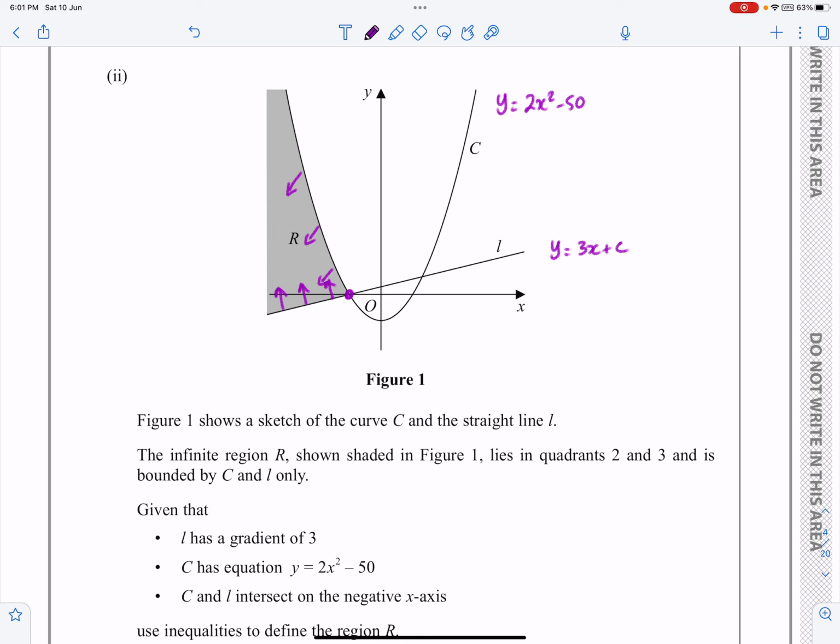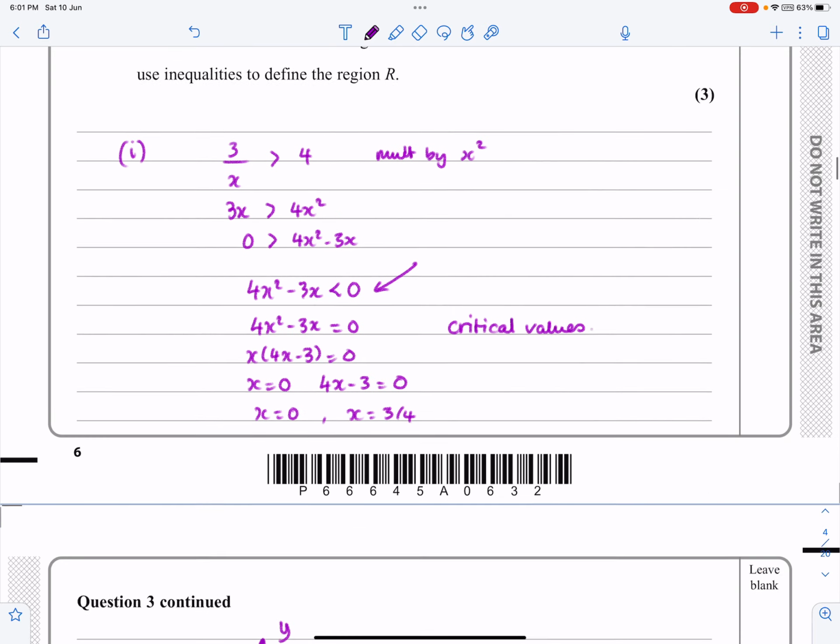But also, really importantly, it's going to be x less than that value, and I need to know what that value is. So that's the first thing I'm going to do, because that's easy, because I've got my curve y equals 2x squared minus 50, and it hits the x-axis at those 2 points, so that's just going to be y equals 0. Right, so I've got my game plan for doing this then.